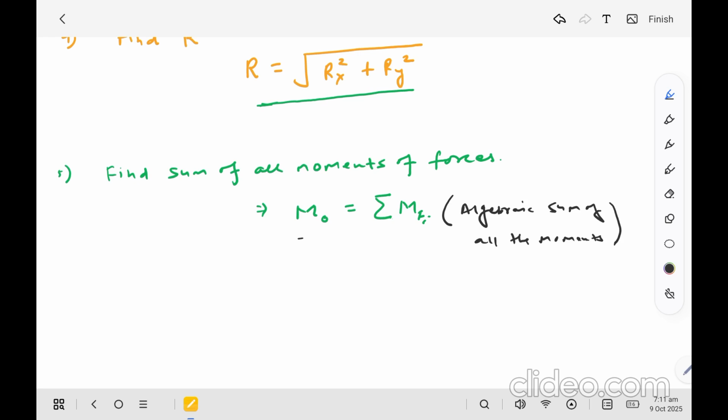Okay, so in this case we will also follow the sign convention. Means if the moment of a force is anticlockwise, then we will take positive sign, or if clockwise we will use the negative sign.